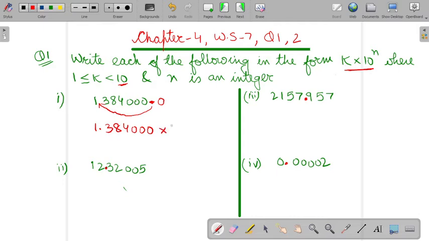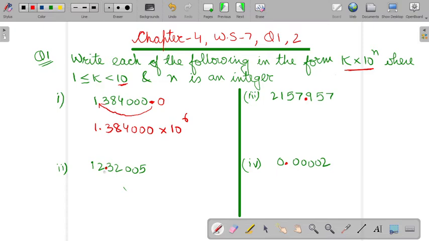So it would be 10 raised to power 6. What we have done is shift this decimal after one digit and count the number of digits. How many digits have we moved? It would be 6. So 10 raised to power 6.